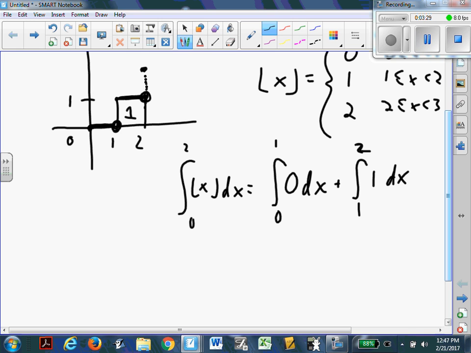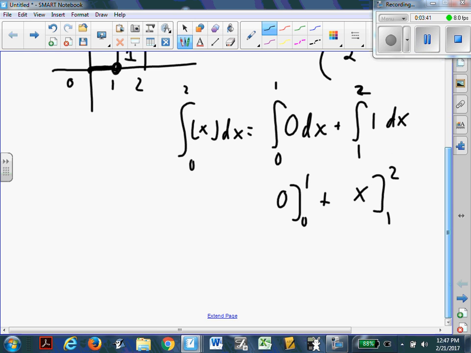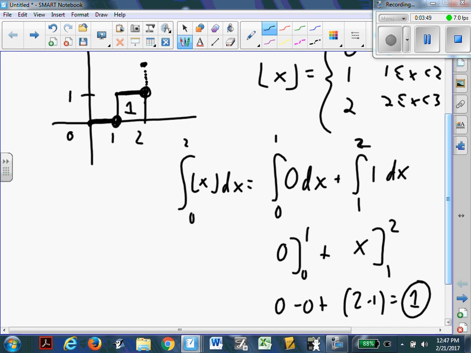There's no rectangle there. So when you integrate, the integral of 0 is, well, 0 from 0 to 1. And the integral of 1 is 1 from 1 to 2. So this becomes 0 minus 0 plus 2 minus 1 is 1, which is the same area that we found here. So the answer to number 1 is 1.